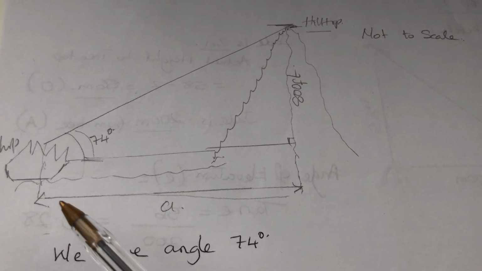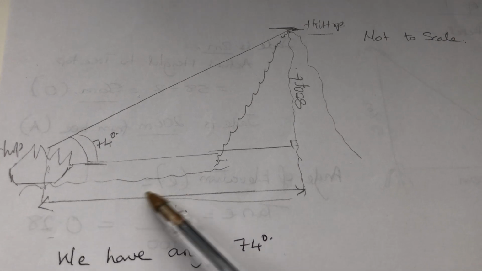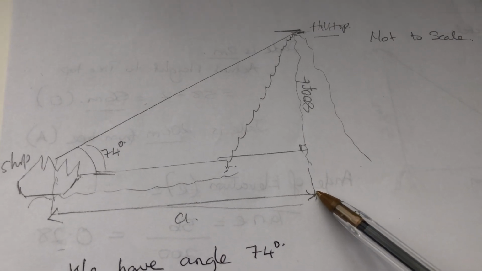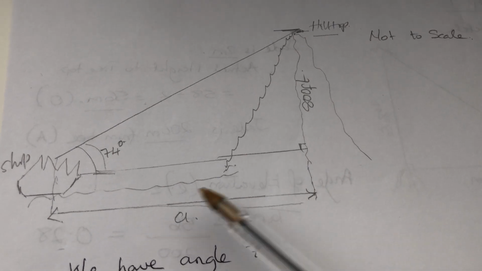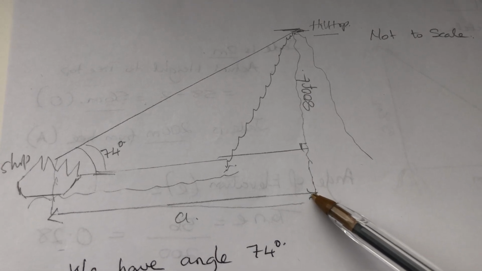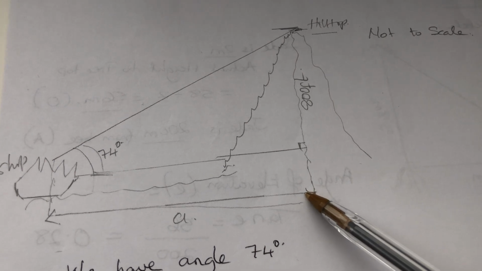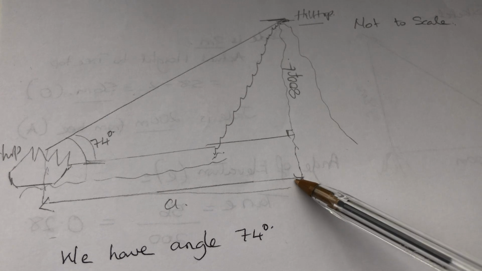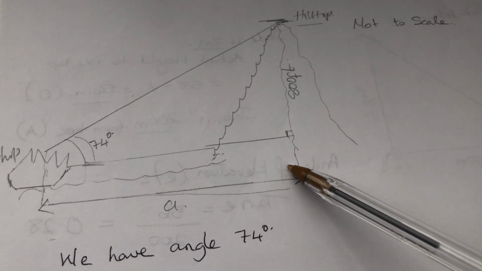Now you're supposed to find where the cruise ship is, the horizontal length from the ship to the hill on the ground. So that is the hilltop, and that is the hill down at sea level.